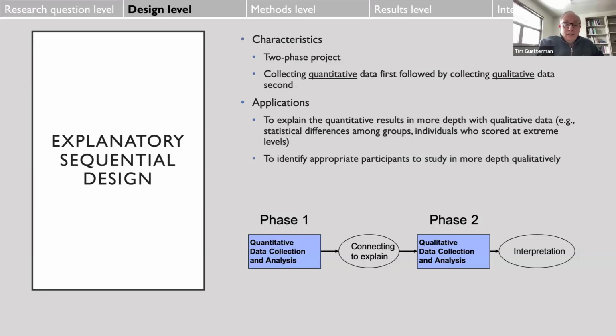Or what explains the difference in an organization with high productivity versus lower productivity, for instance, and you're using the qualitative to make that explanation or to give insight to that explanation. Or maybe you're using this design because you need to first start quantitatively to identify participants who've experienced a phenomenon that you want to then study more in depth qualitatively.